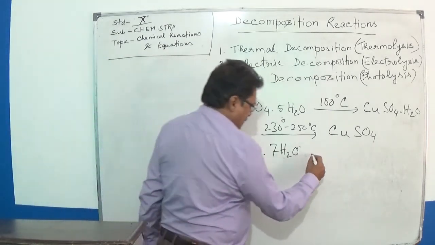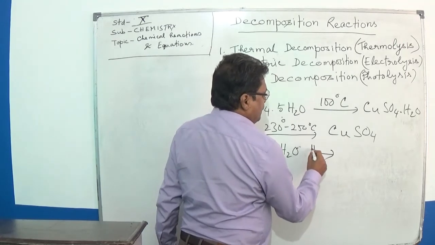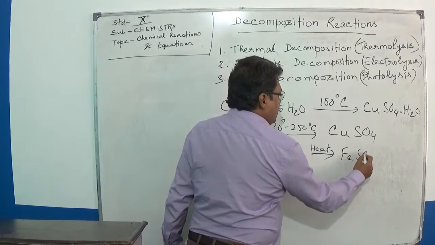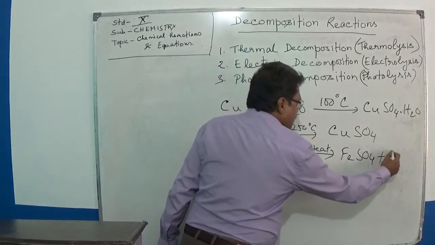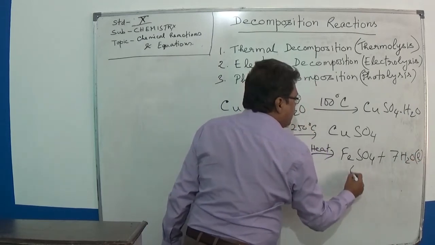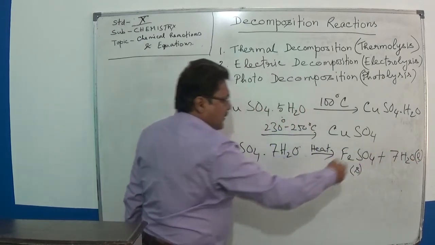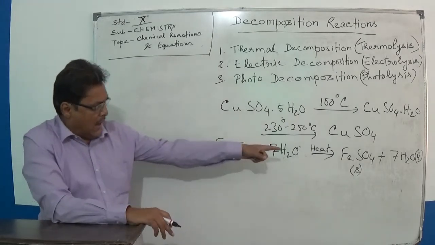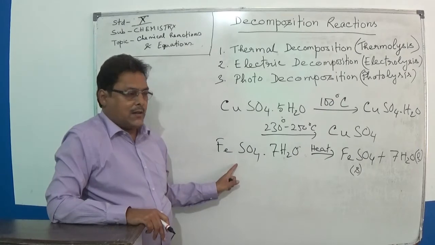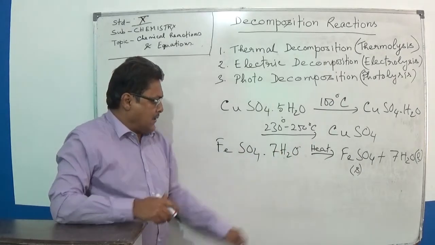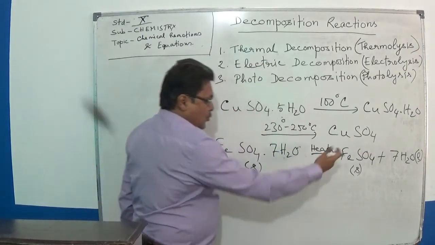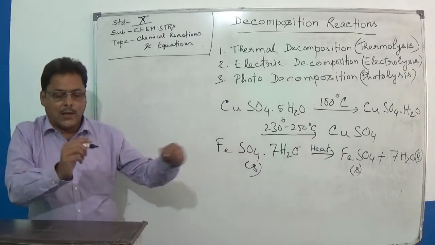If we heat it, it will produce water, which is liquid, and anhydrous ferrous sulfate. Now it is anhydrous ferrous sulfate and water, two simpler substances than the original reactant.